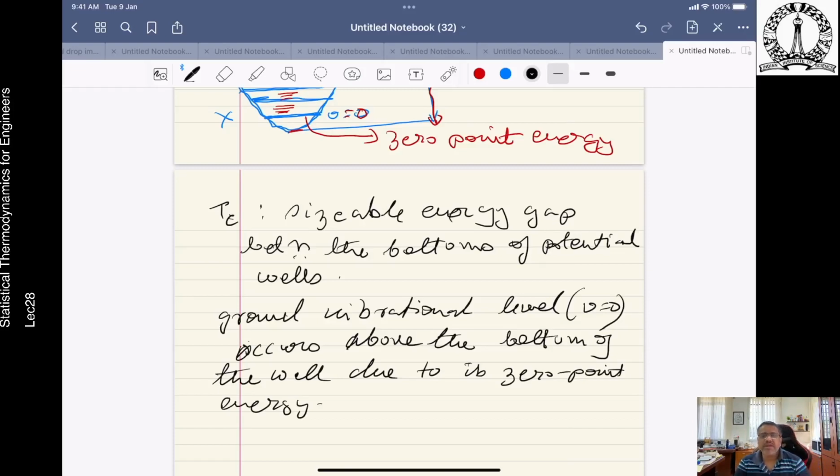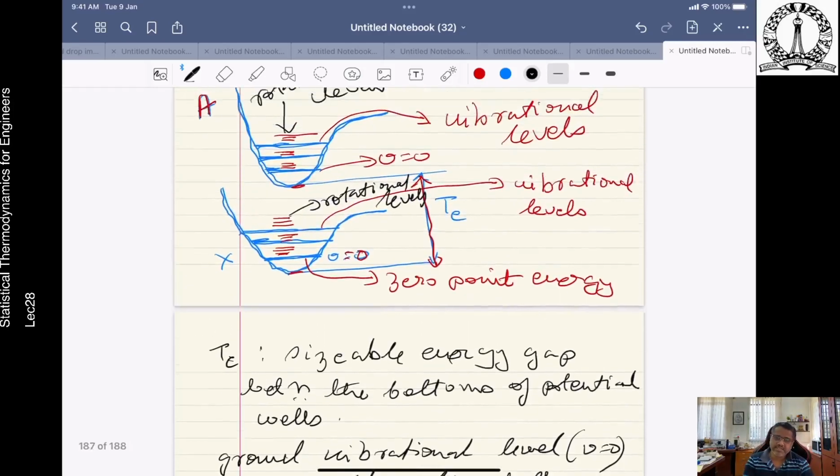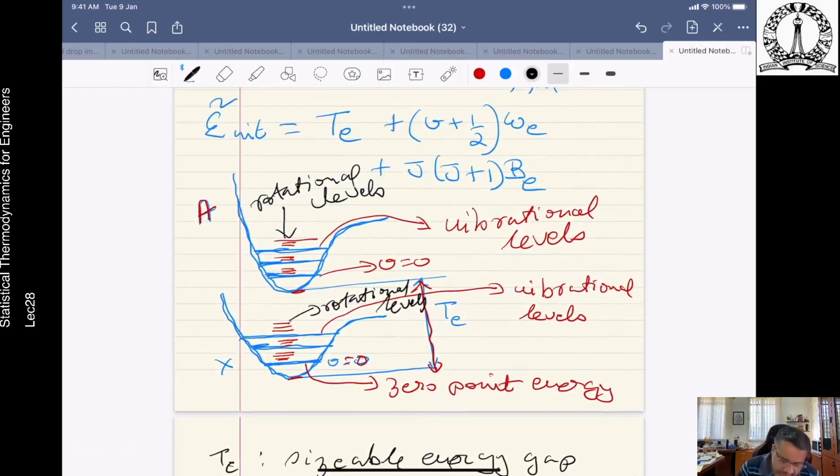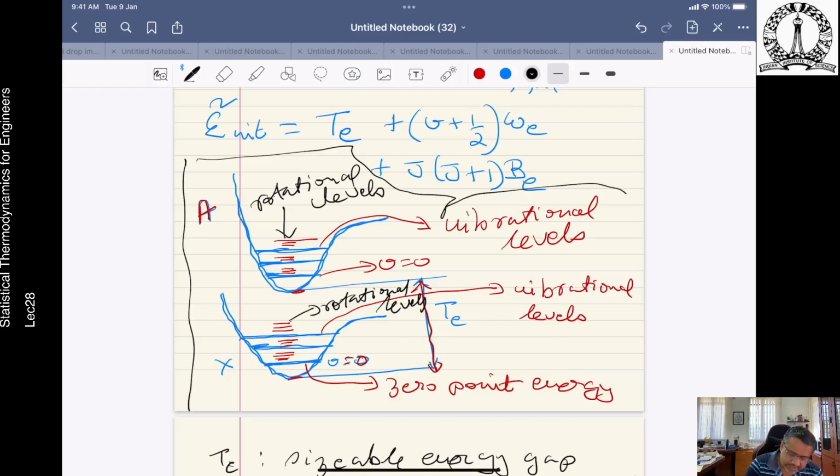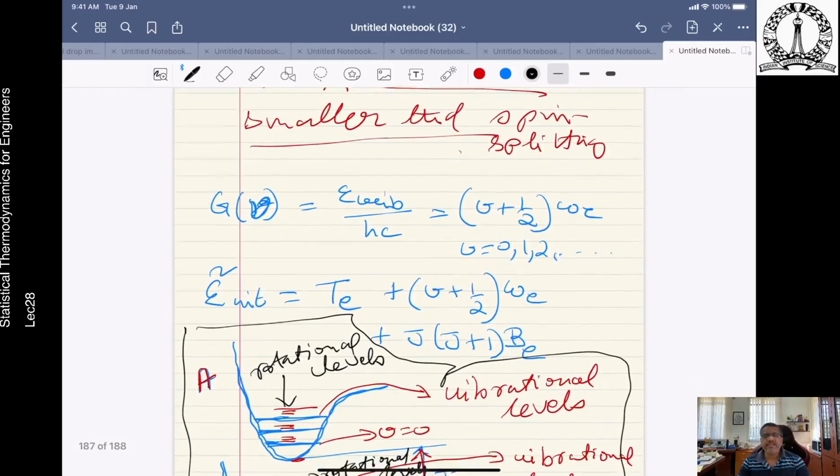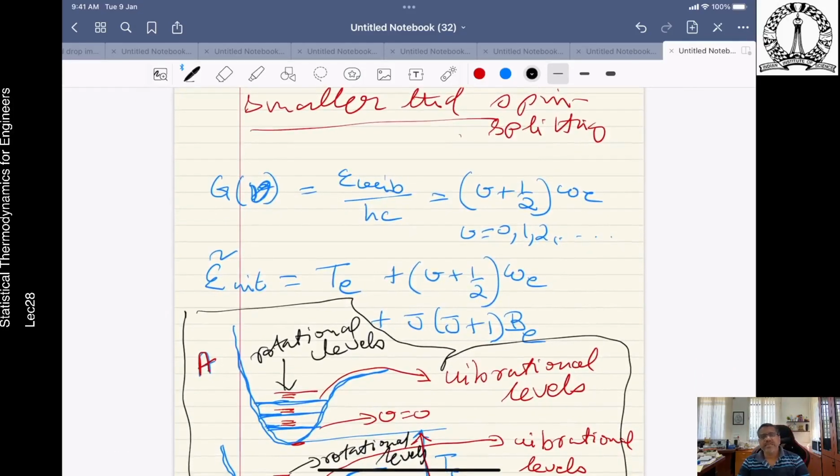So the spectral lines can all be ascertained by using these energy gaps that are shown in this particular diagram. This is the sample energy level diagram that we have. Each electronic state is portrayed by the corresponding Morse potential that we already said earlier.